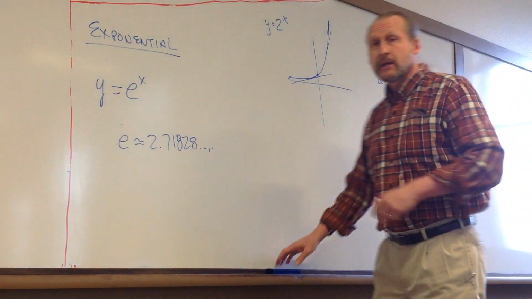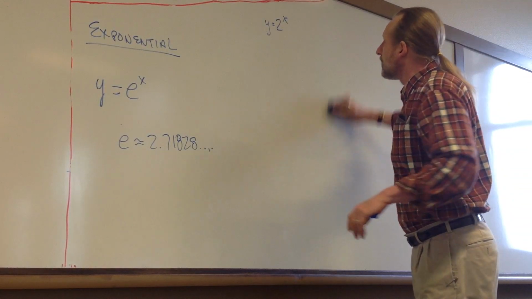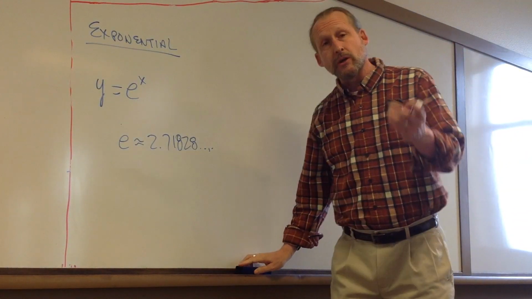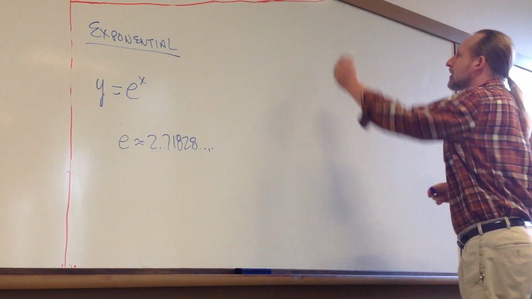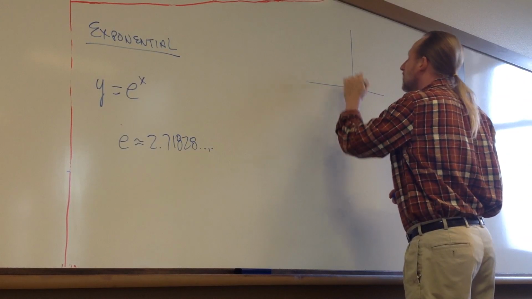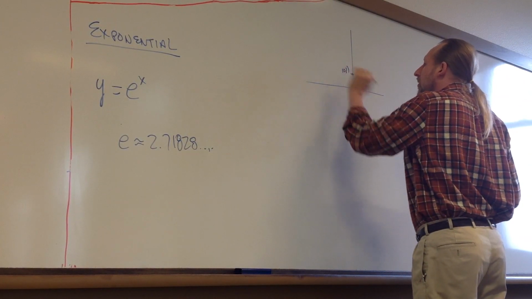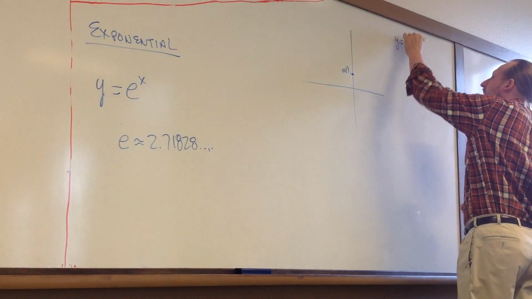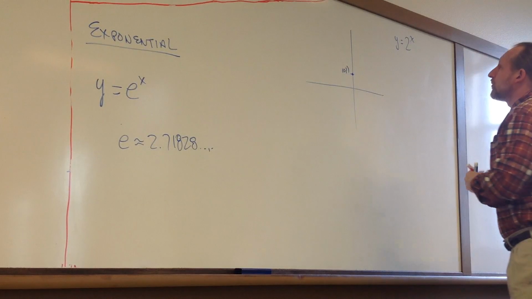Well, I was talking a minute ago about calculus and how calculus is concerned with the slope of a curve. So let's look at a couple examples of exponential relationships. They all pass through the point (0, 1), because if you have y equals 2 to the x, then 2 to the 0 power is equal to 1.